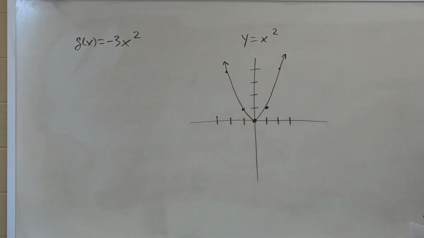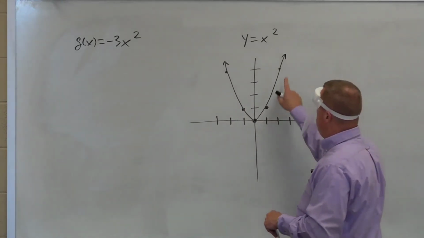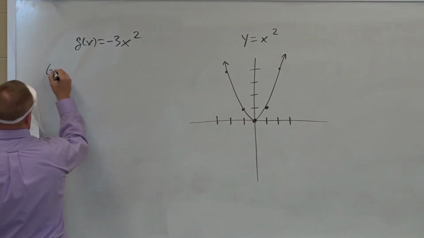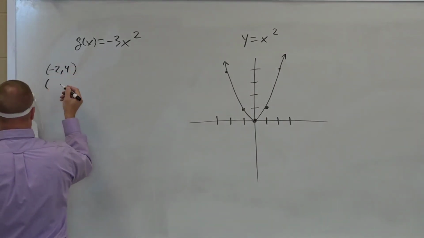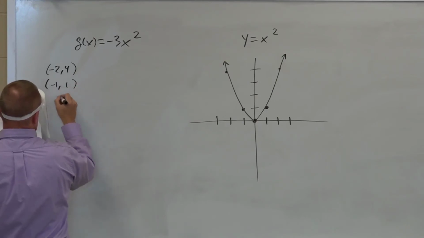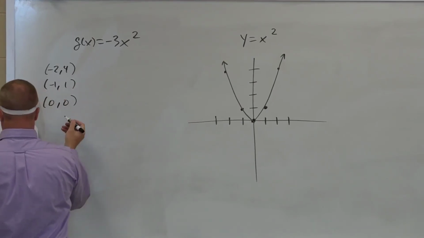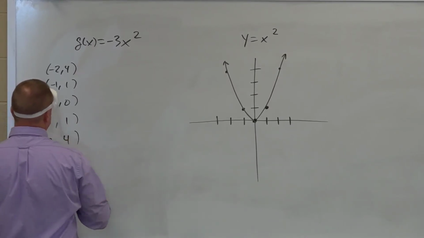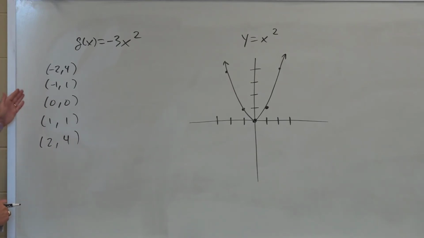Okay. So I have these points. All right. So what I would do here, I would say, all right, I've got negative 2, 4, negative 1, 1, 0, 0, 1, 1, 2, 4.